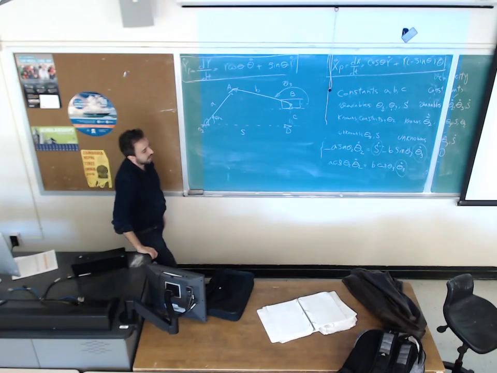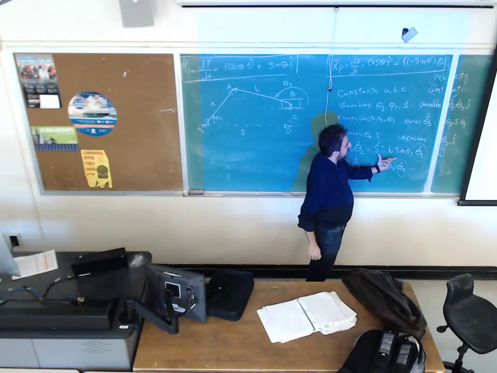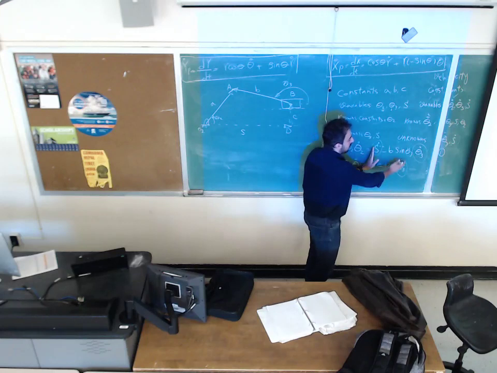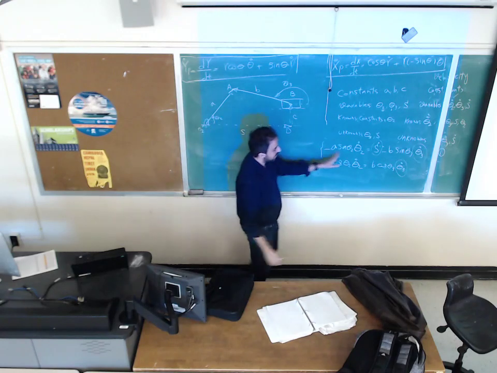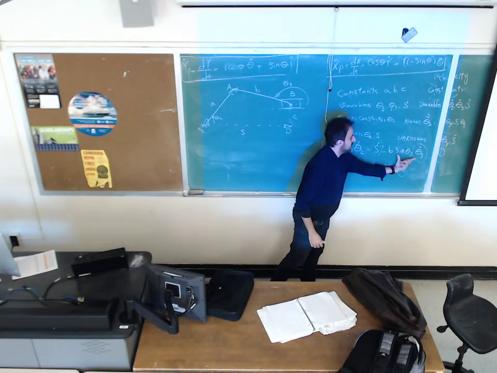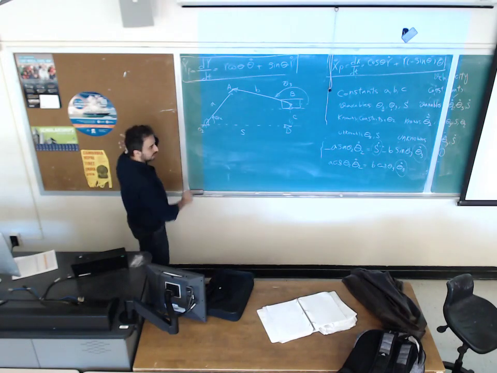How can we do that? You need to keep every term which is unknown, which is a variable, on one side, and move the other terms to the other side. In the first equation, we already have this: S dot and theta dot 3 are on one side, and the constant terms are on the other side.